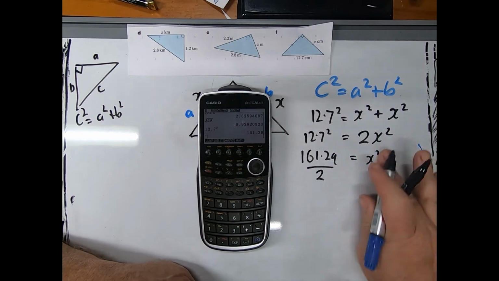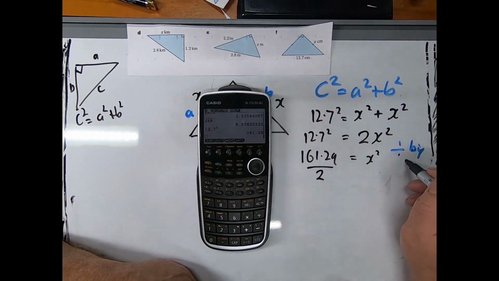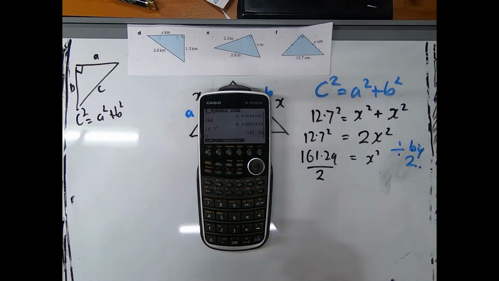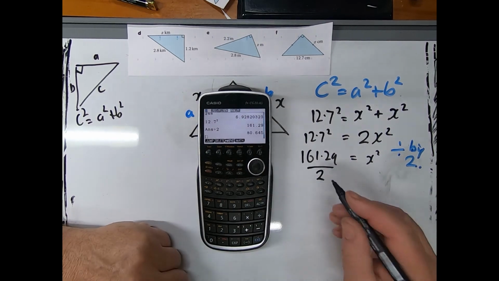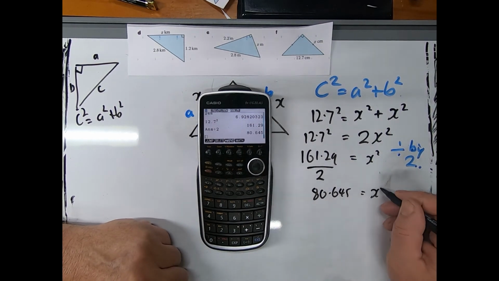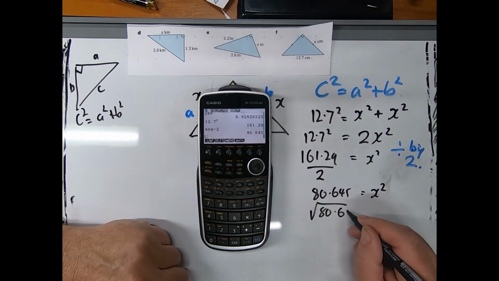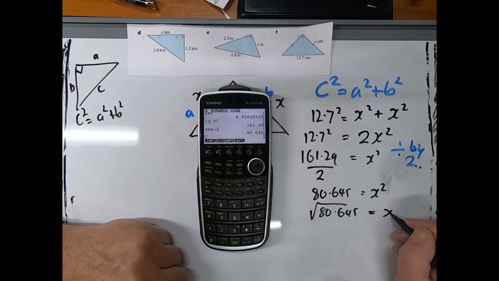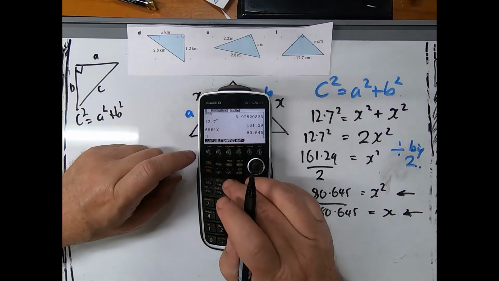So let's divide this number by 2. 80.645 equals X squared. So X is the square root of this number, clearly showing where I went from squared down to X.